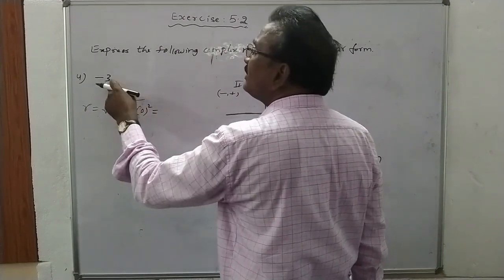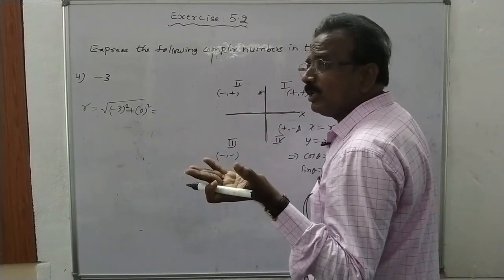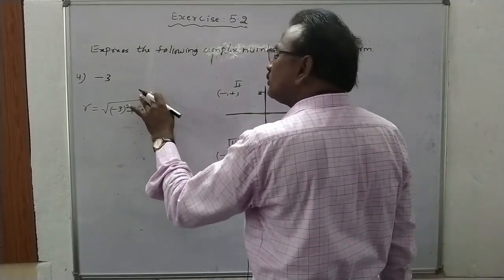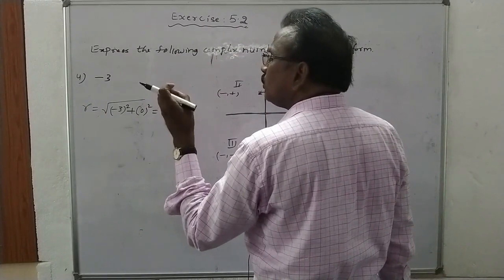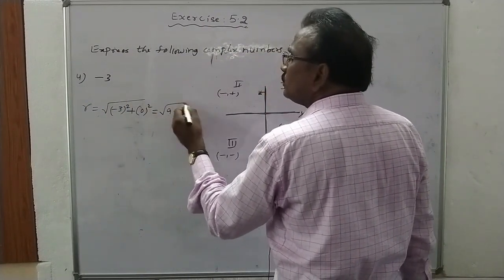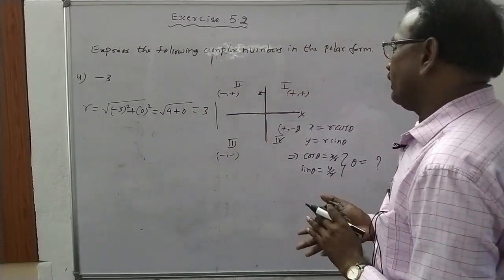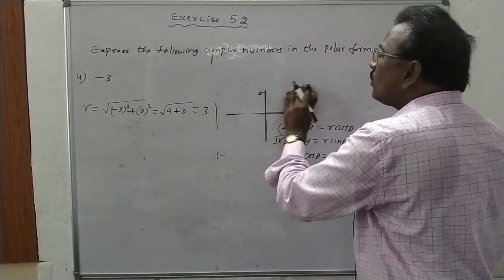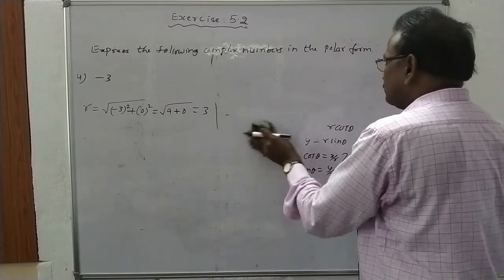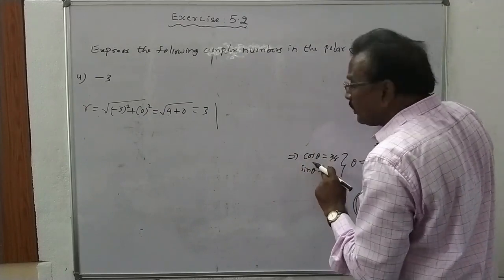The real part is minus 3 and the imaginary part is plus 0 or minus 0, so there is no change. Minus 3 whole square is 9 plus 0, so the square root of 9 is 3. So the r value is equal to 3. Next, whenever the given complex number lies on the x-axis or y-axis, we use these two formulas.